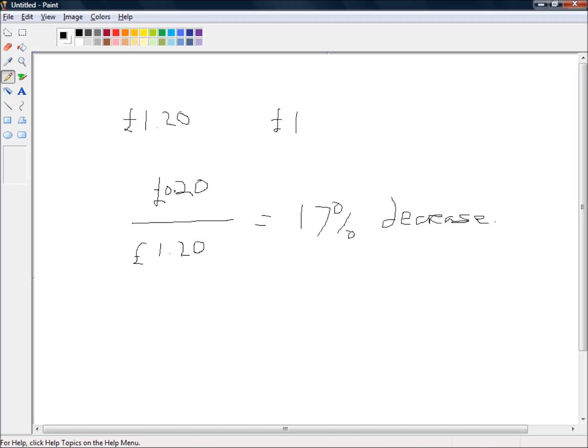Just because something has risen and fallen by the same actual amount doesn't mean it has risen and fallen by the same percentage. Whenever you're dealing with a percentage increase or percentage decrease, be very alert to what percentage it is of. In this case, the 20p is 20% of £1, but it's 17% of £1.20.